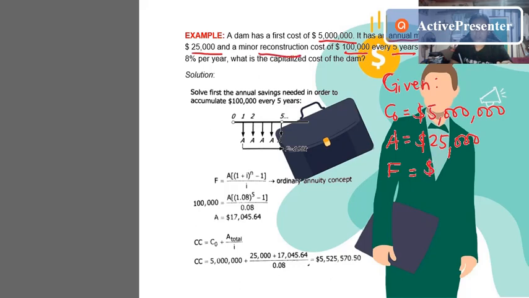So we have F is 100,000 US dollars, and N is 5 years. And our interest rate will be 0.08.